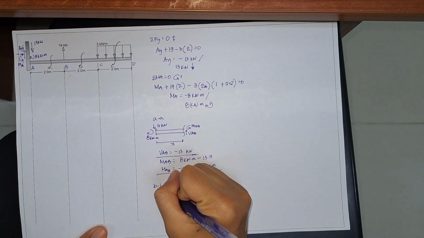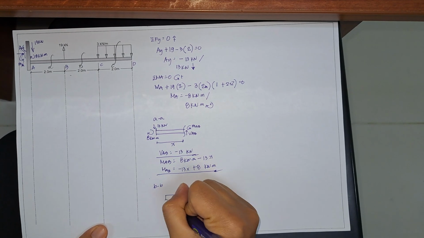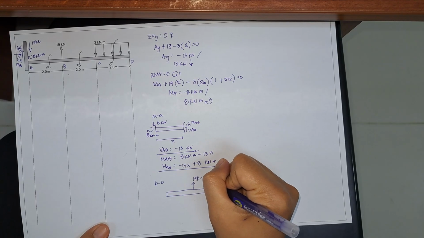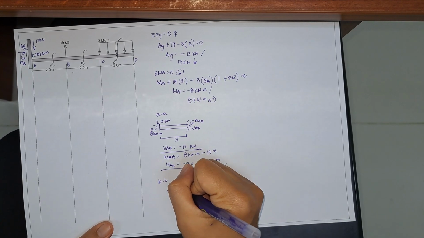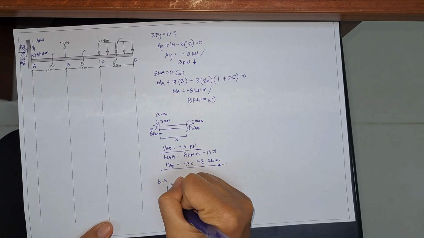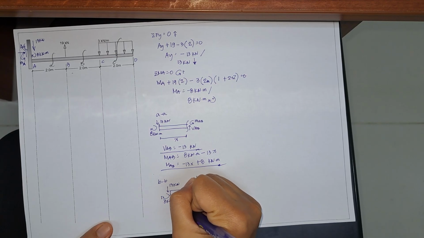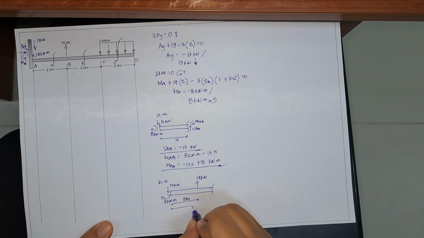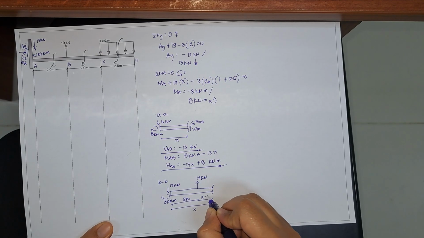So, for segment BC, ganun lang din ulit. Nandito yung 19 kilonewton and then 13 and moment of 8 kilonewton meter. This is the distance of 2 meters. Distance x. This is x minus 2.